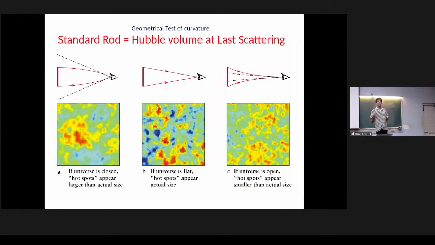And this is interesting because we know the temperature at which they're going to stop scattering because we understand hydrogen. And so that means we know what the typical size of these spots should be. So that corresponds to how the photons scattered around before they went in a straight line. So we know that size.